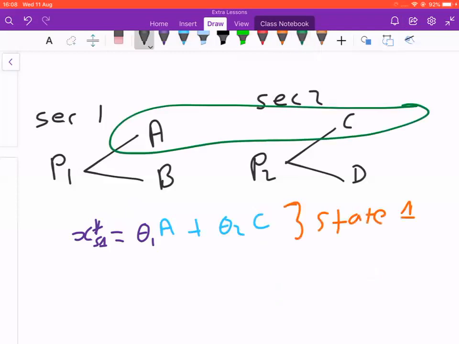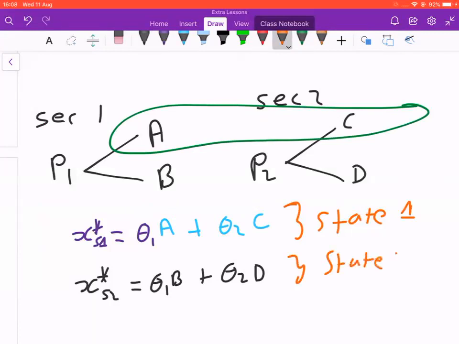So if state two happens, the payoff will be the number of shares you bought times the payoff, which is D for security two. So this is how you find your answer. This is for state two, right?